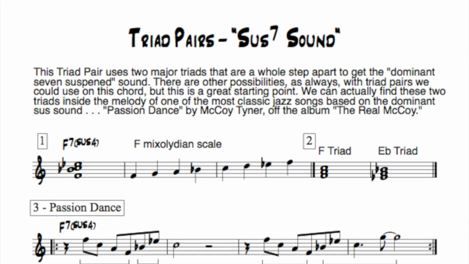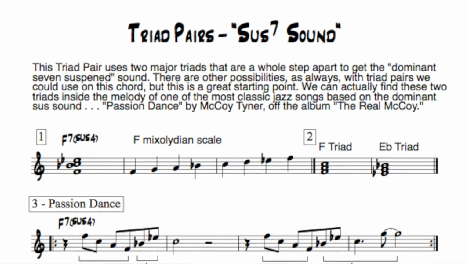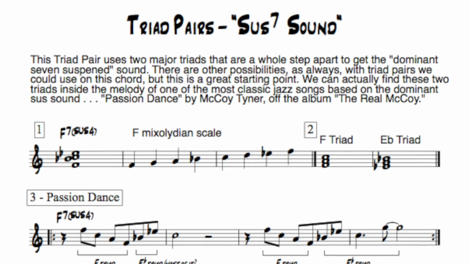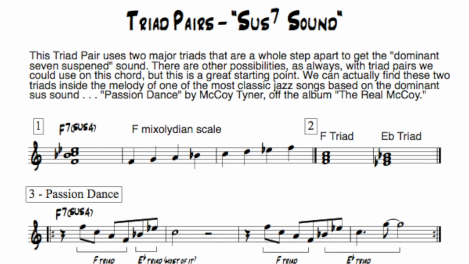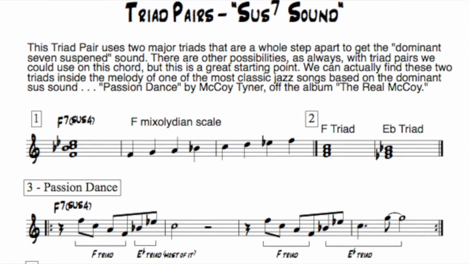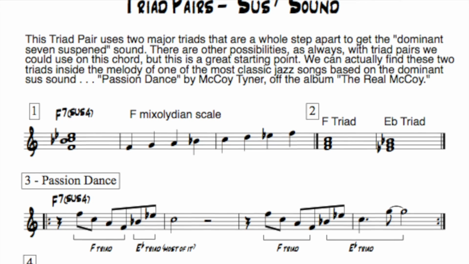Now, a sus chord is, instead of a regular dominant chord, 1, 3, 5, flat 7, we don't play the third, or rather we don't stress the third. We certainly play it, but instead we spell the chord 1, 4, 5, flat 7.